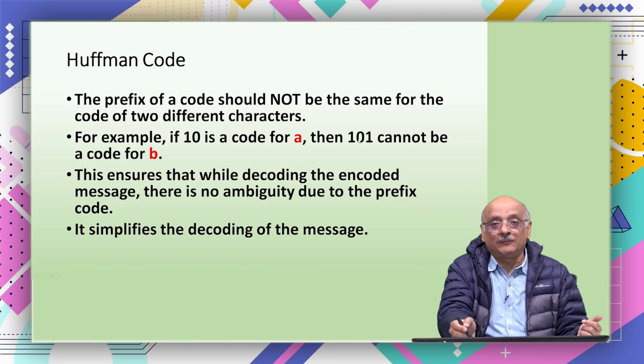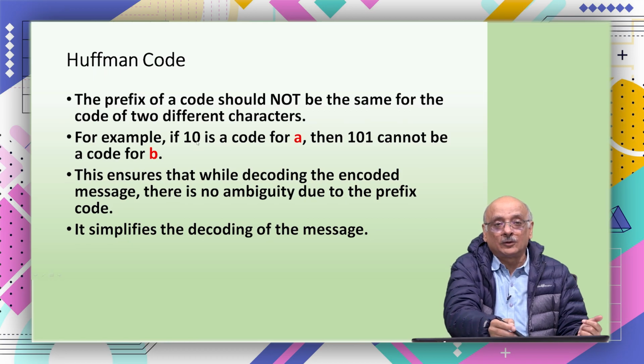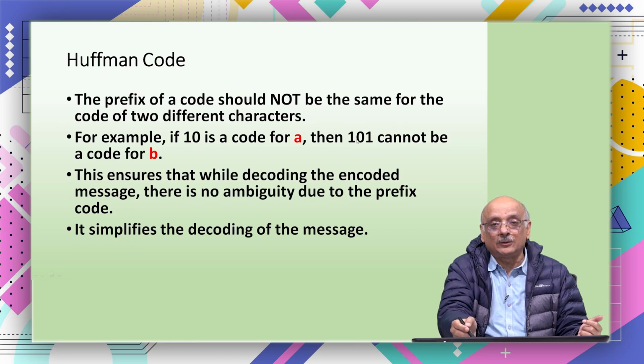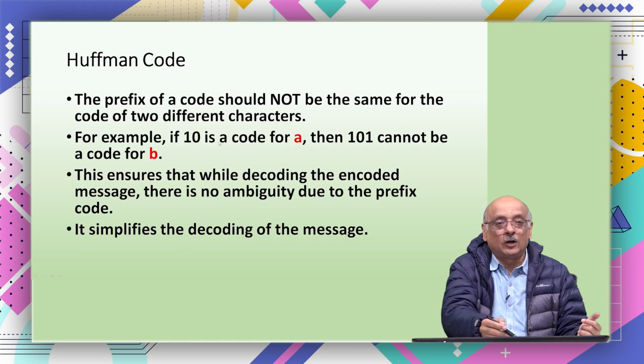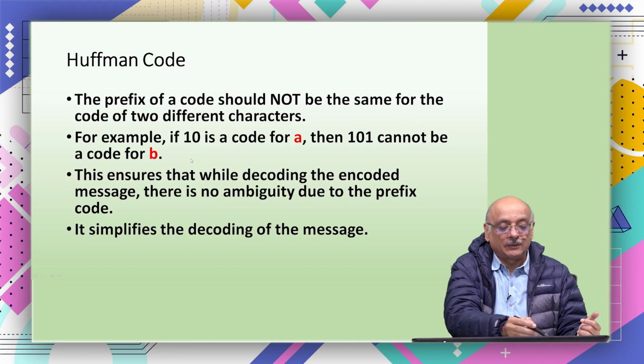Because this will become 1010. So, this prefix is going to be the same, and that might result in some kind of issue. This prefixing should not be the case.